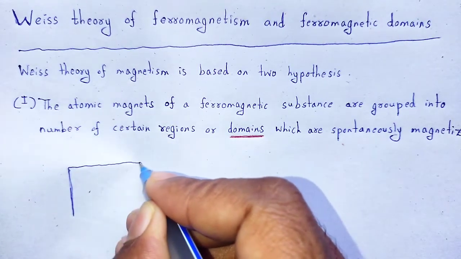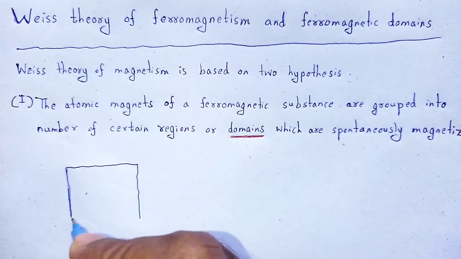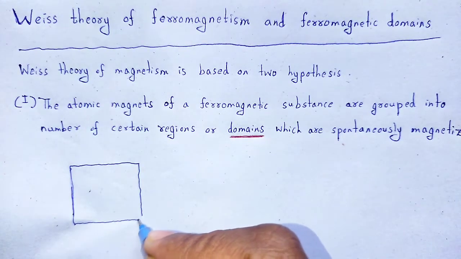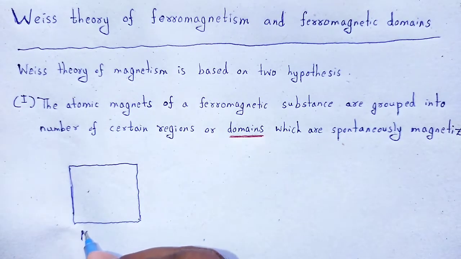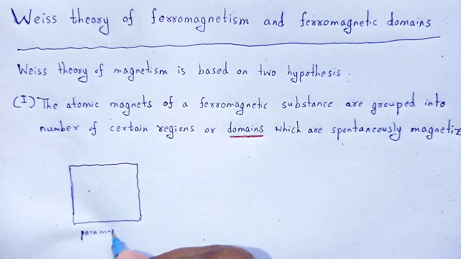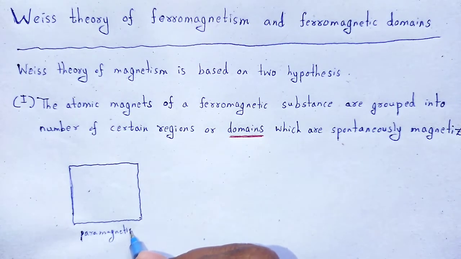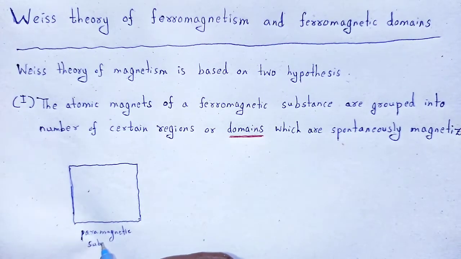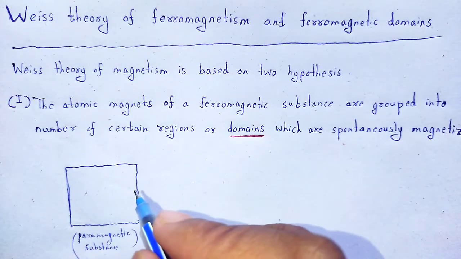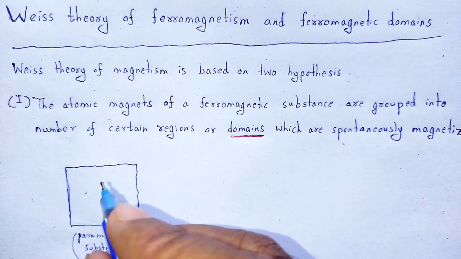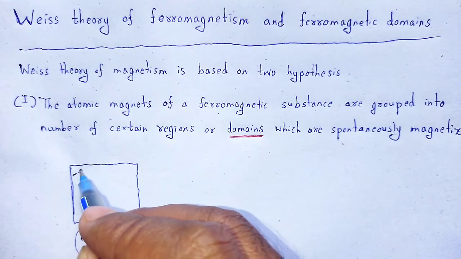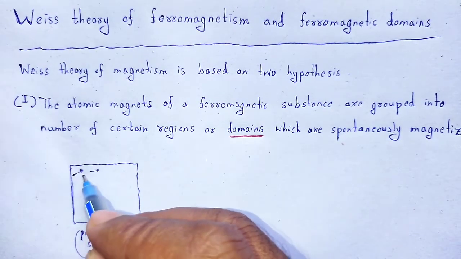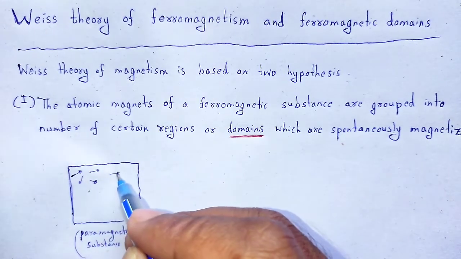In the figure, we can easily understand a paramagnetic substance. Inside a paramagnetic substance, there are permanent magnetic moments and the atomic dipoles move randomly like this.